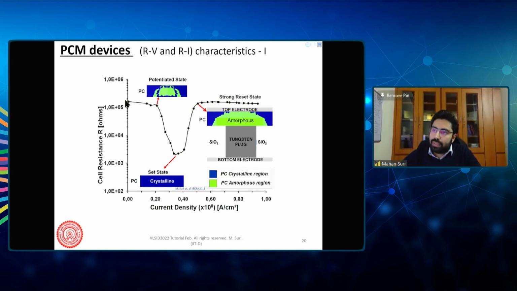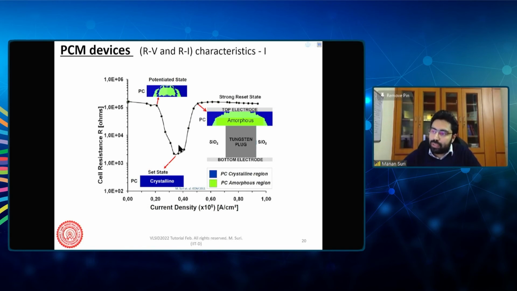You will see that initially the resistance is high. As I keep successively applying some stimuli, the device begins to slowly crystallize, and the resistance starts going down slowly. So what is happening here is that I am heating the cell with these incremental programming conditions, above the crystallization temperature. I still haven't reached the melting temperature.